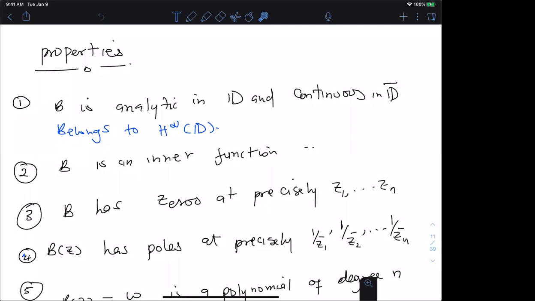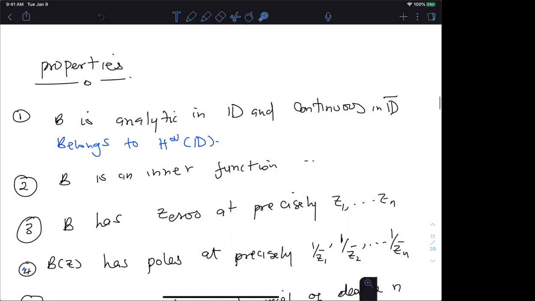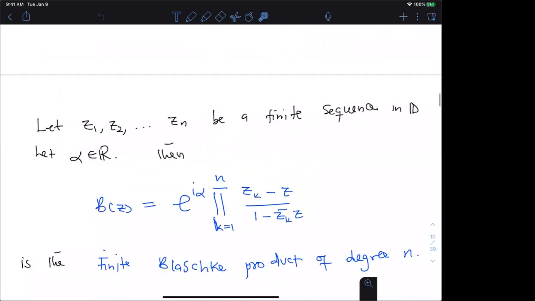An inner function is an analytic function from the unit disk to the closed unit disk such that the modulus is 1 almost everywhere on the boundary, or the modulus is 1 almost everywhere on the unit circle. And B has zeros at precisely Z1, Z2 up to Zn. So the sequence of Z here used in the formation of the Blaschke product is called the Blaschke sequence.